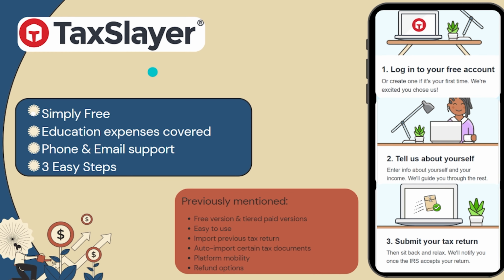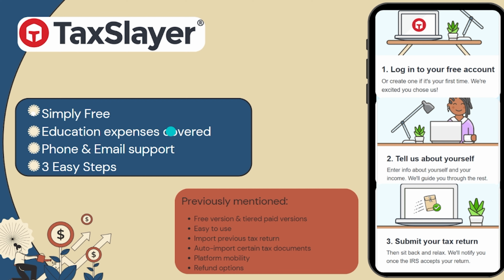Now, next up here is going to be with TaxSlayer. You can actually do a free basic 1040 tax return, known as a U.S. individual income tax return. You actually do have education expenses covered, so you can get more money back on your taxes with deductions for student loan interest and education credits.